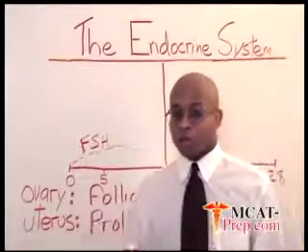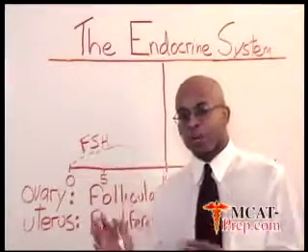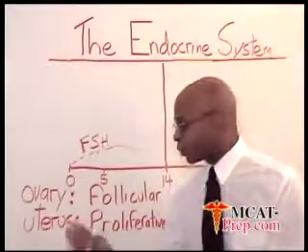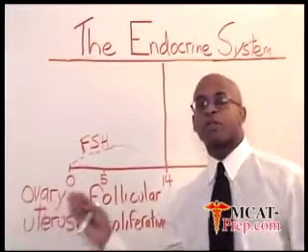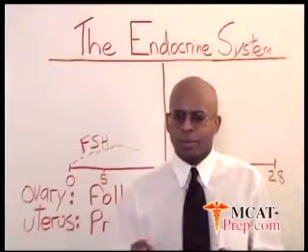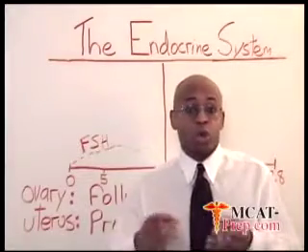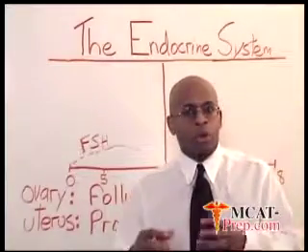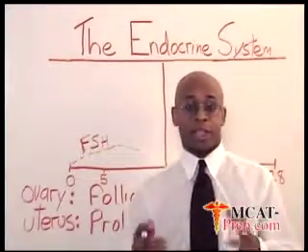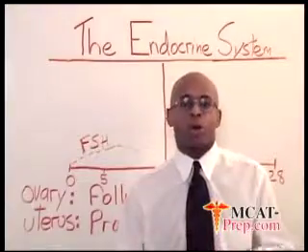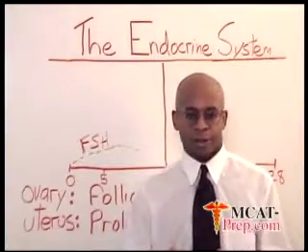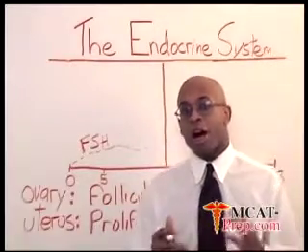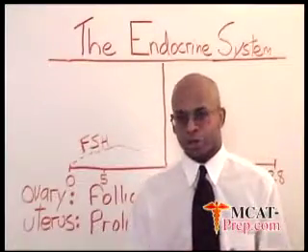FSH, follicle stimulating hormone, secreted by the anterior pituitary gland, goes through the blood system to the ovary to stimulate follicles, which are groups of cells within the ovary. These follicles start to grow, and then one follicle becomes the number one follicle, or the primordial follicle. This follicle is the one that will be secreting high levels of estrogen.